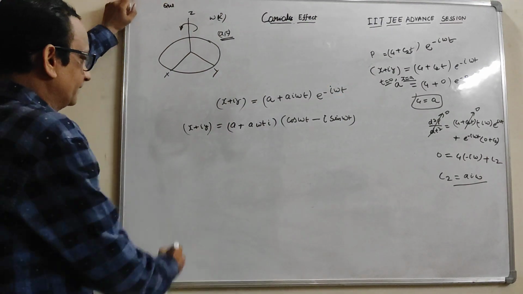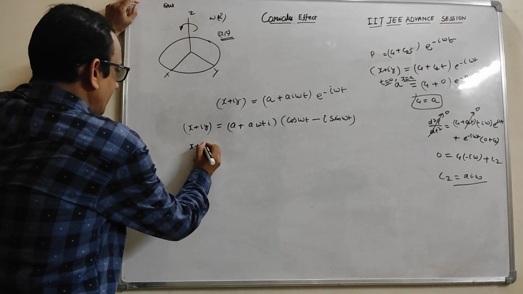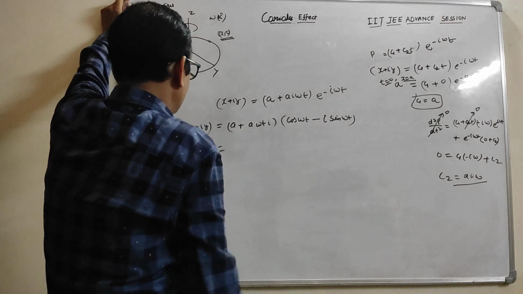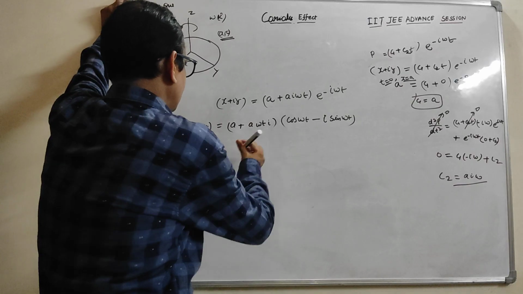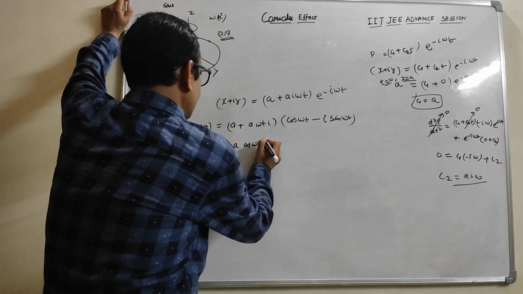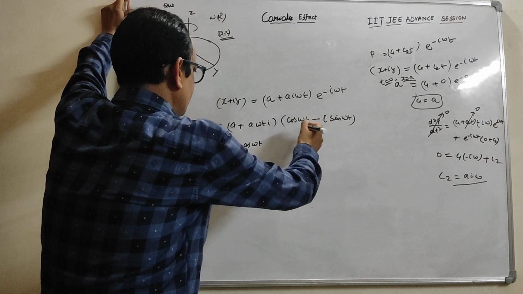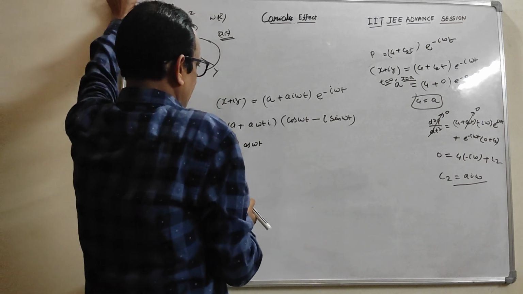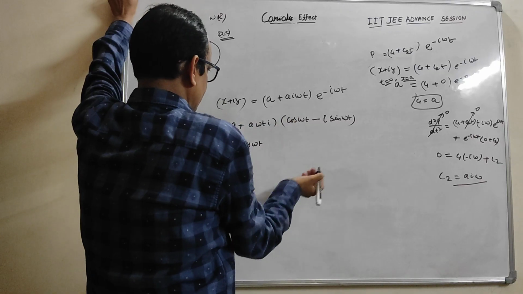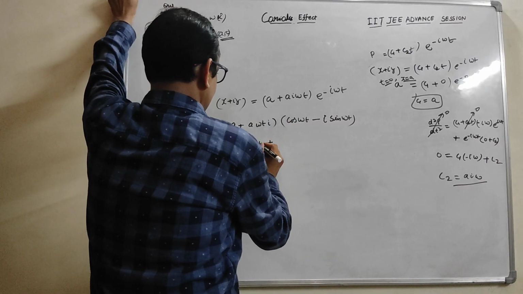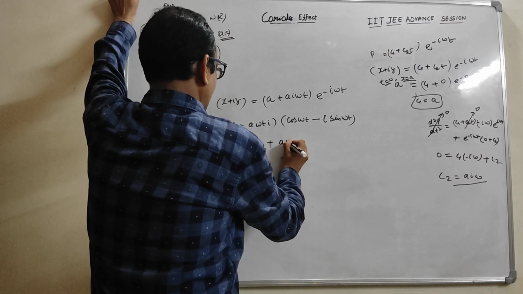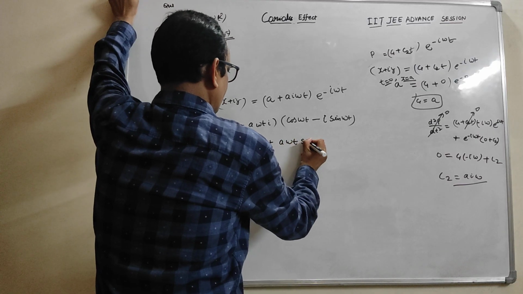So multiplied here, x plus iy is equal to the real term, a cos omega t, and since iota square is minus 1, this becomes plus a omega t sin omega t.